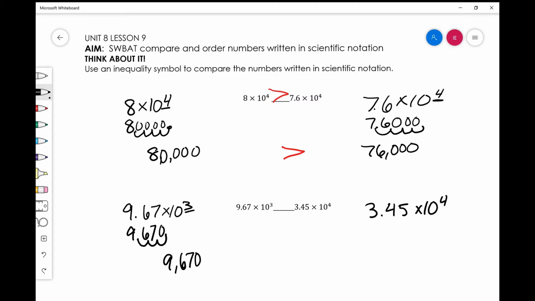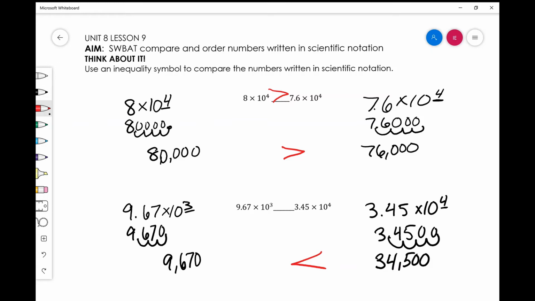Over here on the right, I have 3.45, and I'm moving my decimal place over 4 spaces. So now I have 34,500. When comparing those two values, it's obvious that 34,500 is much bigger than 9,670.